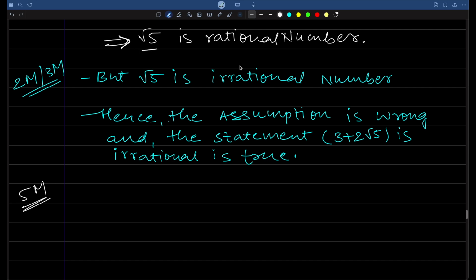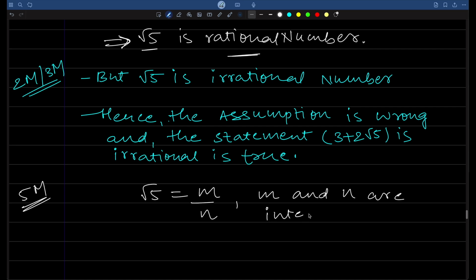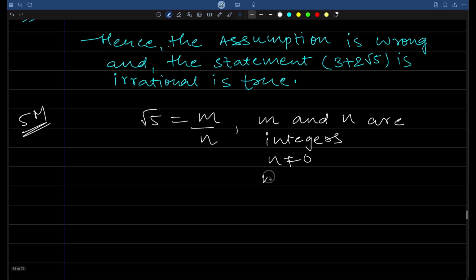If root 5 is a rational number, we can represent root 5 equals m divided by n, where m and n are integers, n is not equal to 0, and we assume that m and n are co-prime.